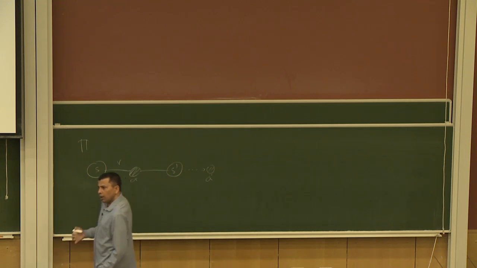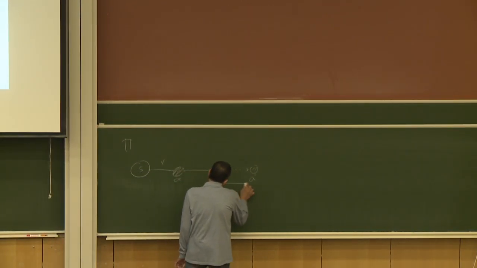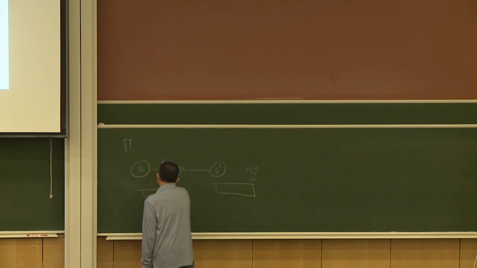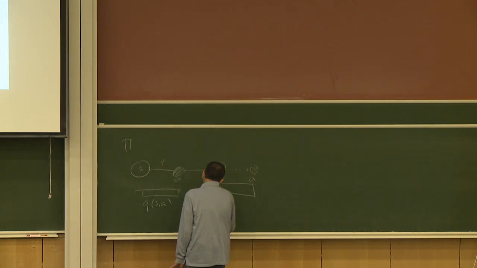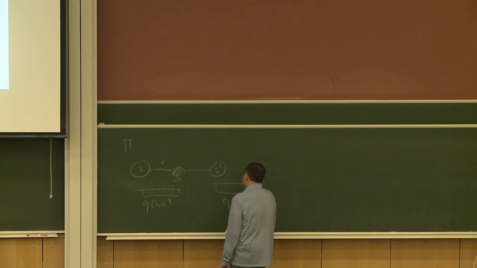And so now what happens is this state action pair has a value. This state action pair has a value. So you have Q(S,A), you have Q(S',A').